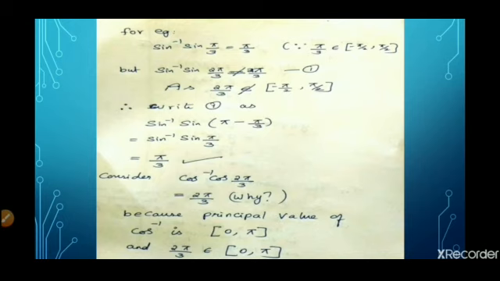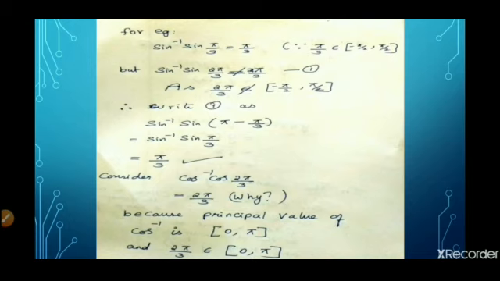So how to make it? 2 pi by 3 lies in the second quadrant. So any second quadrant value, to make it a first quadrant value, we will do pi minus theta. So pi minus pi by 3 will give you 2 pi by 3. Clear, children? So 2 pi by 3 can be written as pi minus pi by 3.